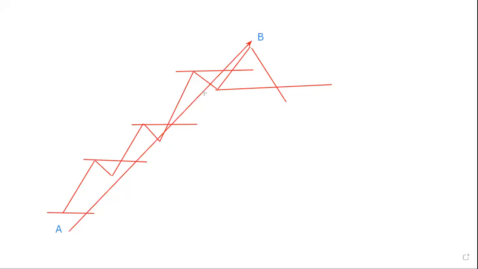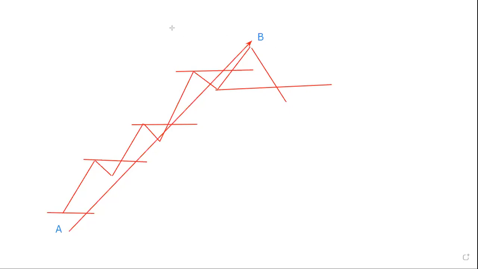And if for any reason the higher lows are broken, the market has changed bias or direction or trend. So when the market is moving up, we buy, and when the market is coming down, we sell. That is why I mark these points.